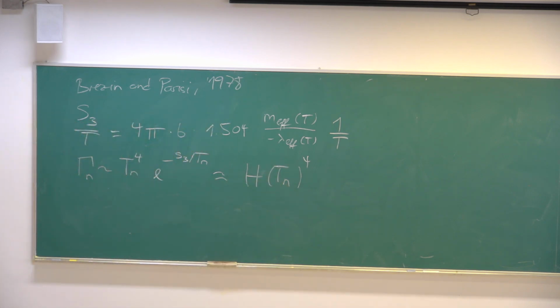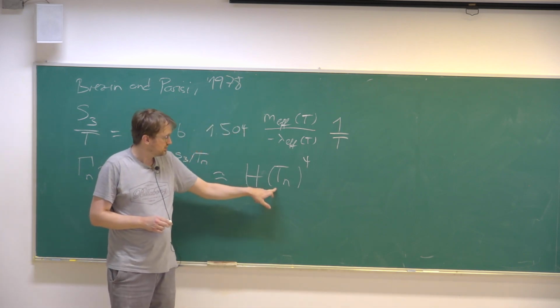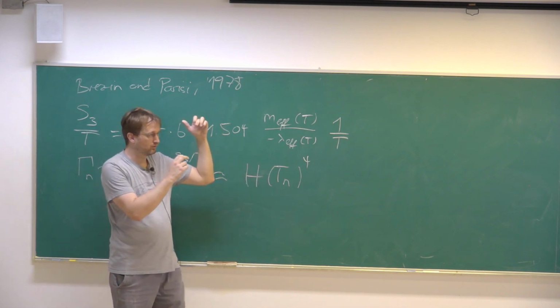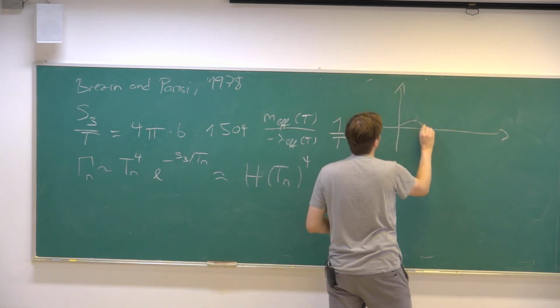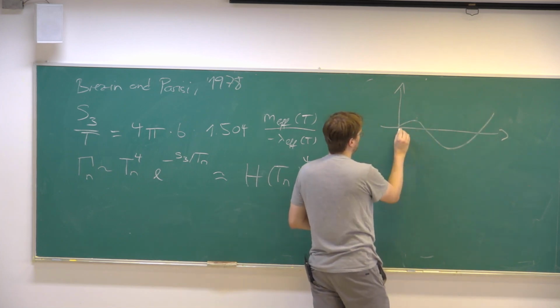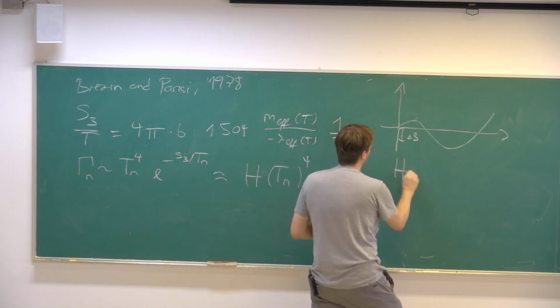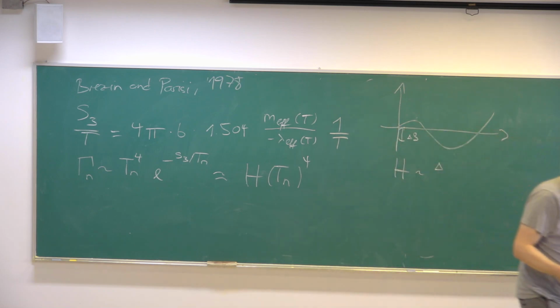Now, again, I'm aiming for a situation where I have a lot of supercooling, so the nucleation temperature is very small. In this case, as I've also already mentioned, the energy density that determines the Hubble rate is determined by the gap between the false and the true vacuum. That's the situation again. Supercooling, then you have some energy density, and the Hubble rate, for a lot of supercooling, is of order, exactly, it's a prefactor.